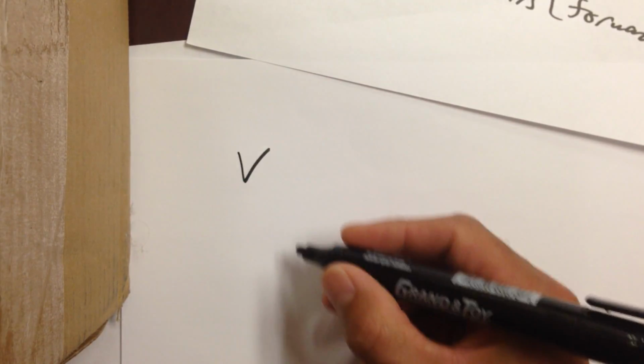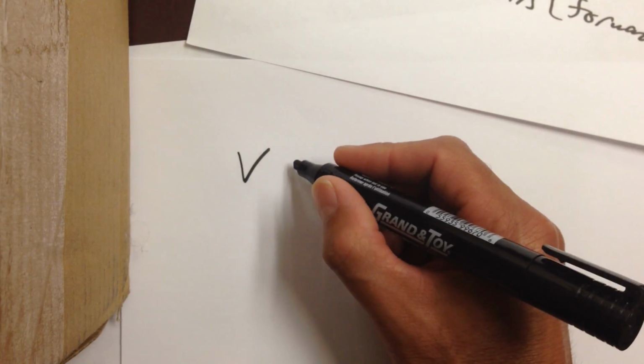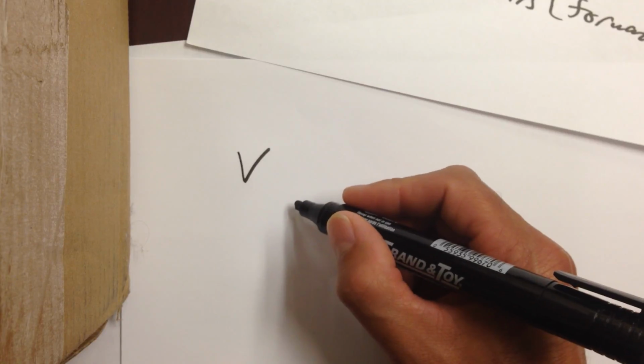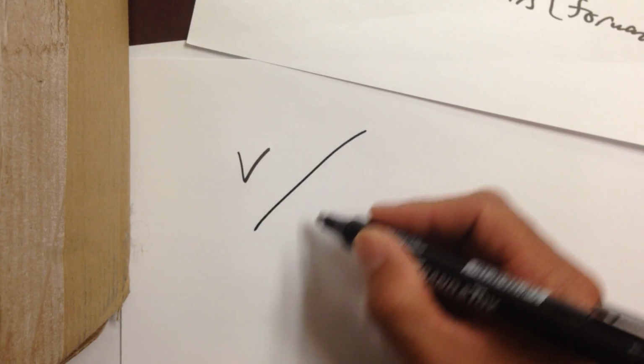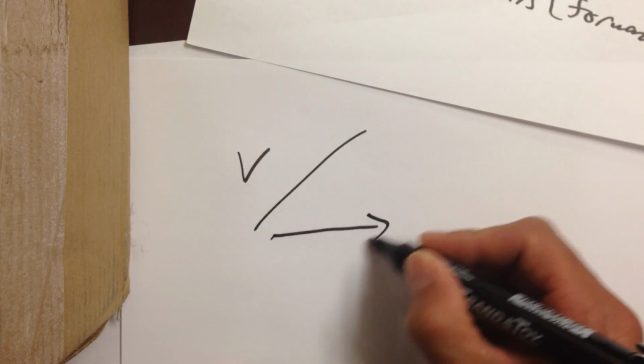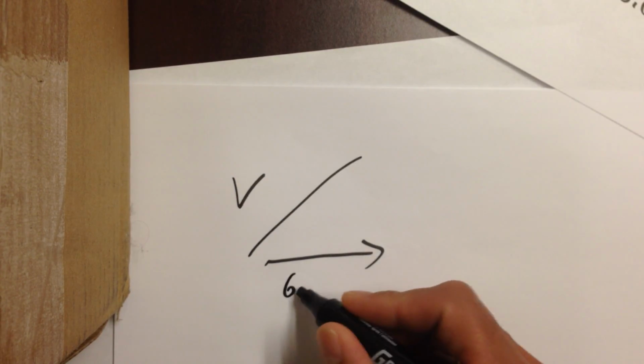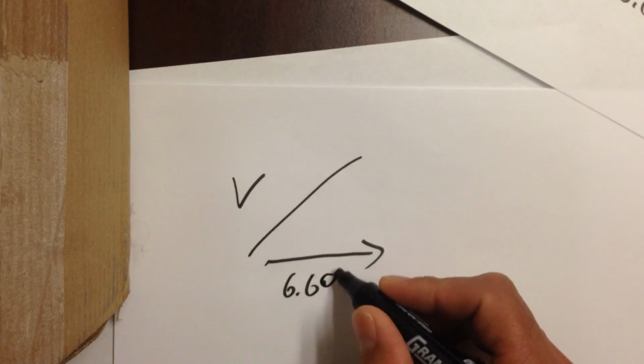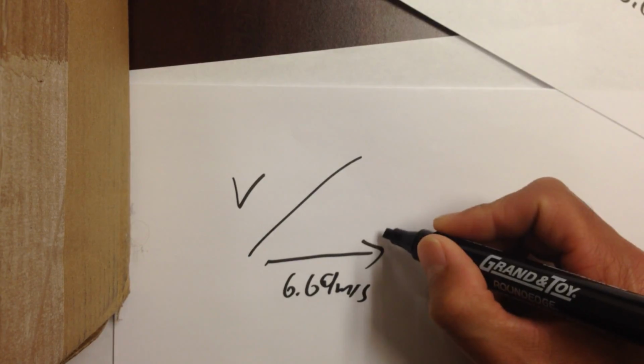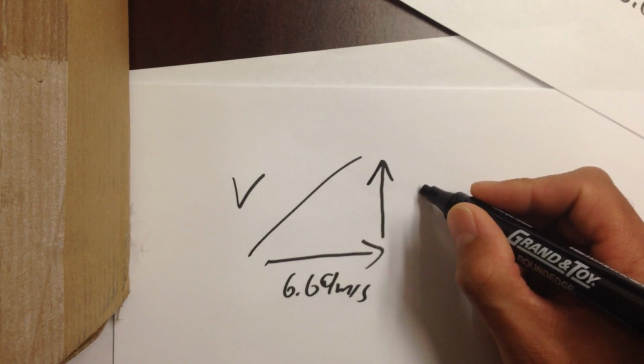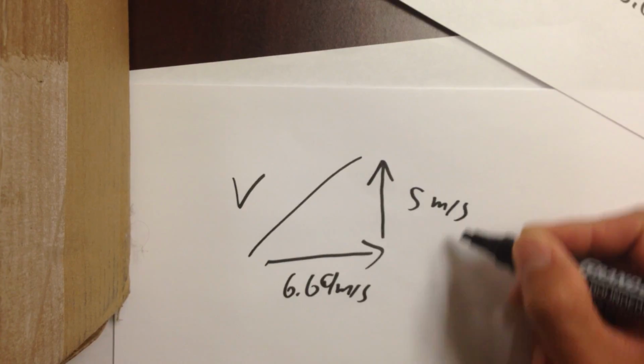So the velocity of the ball has got to be the result of throwing it forward with 6.69 meters per second, while at the same time throwing it upward at 5 meters per second.